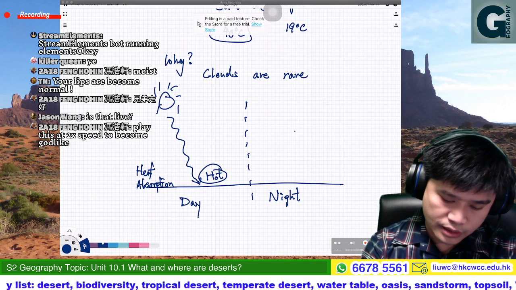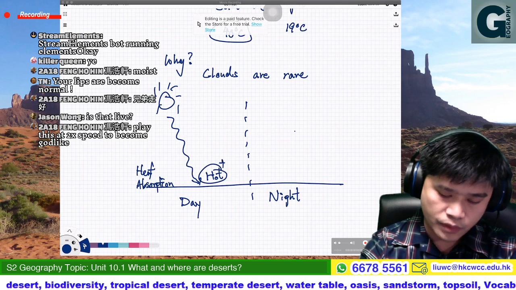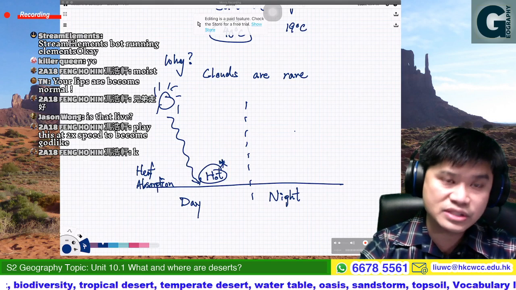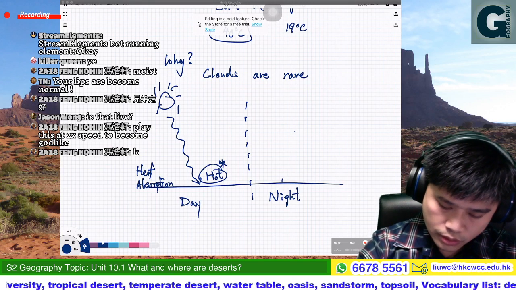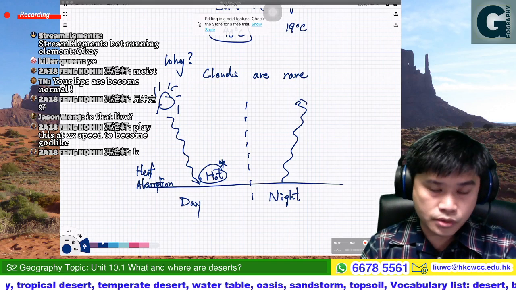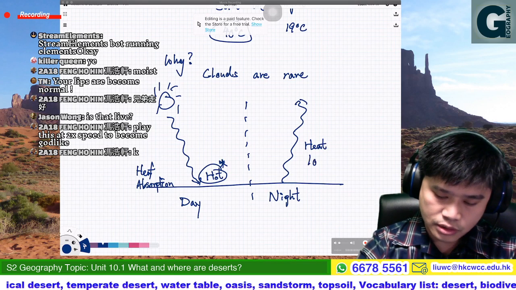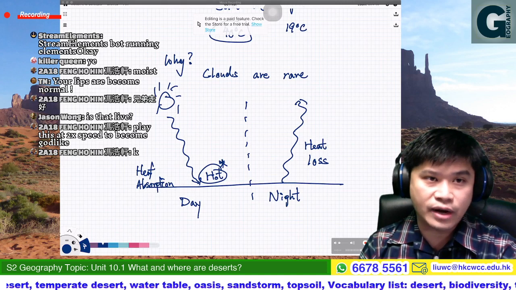And for the heat absorption, it would be very fast. Therefore, it would be hot. However, at night, as there will be no sun, the heat would be lost to the sky directly.